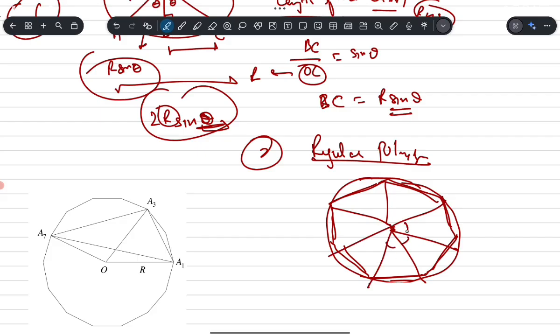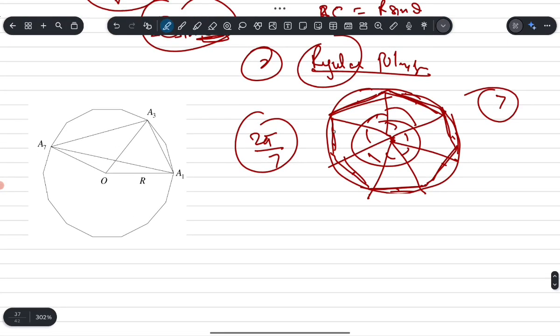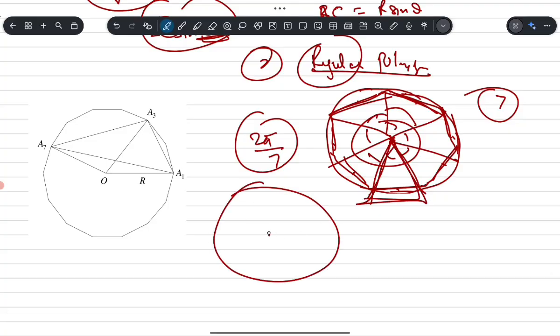Since the sides of a regular polygon are equal, these angles are also going to be equal. How many of these are there? The number of sides. Let's say there's 1, 2, 3, 4, 5, 6, 7 sides. So 7 equal angles. The complete angle is 2 pi, so one individual angle is going to be 2 pi by 7, right? If I just take one part and zoom in, I have the previous situation.